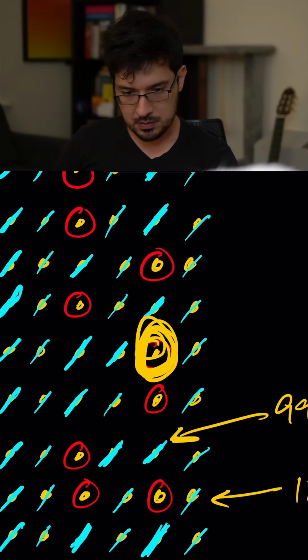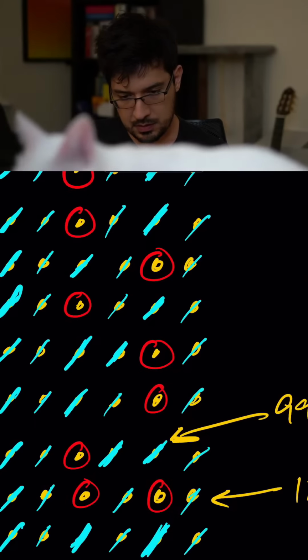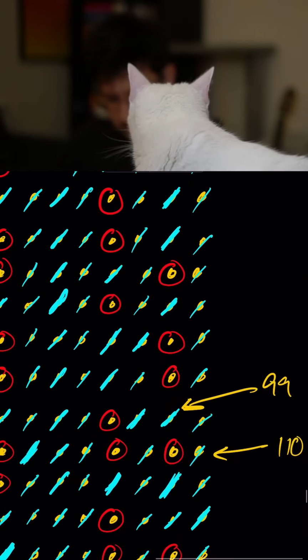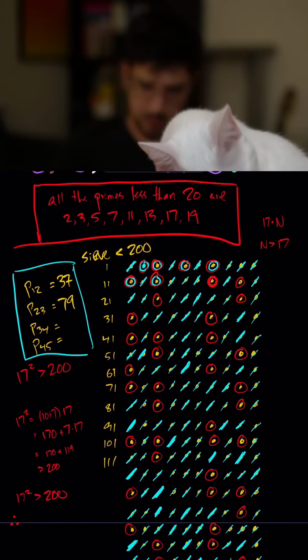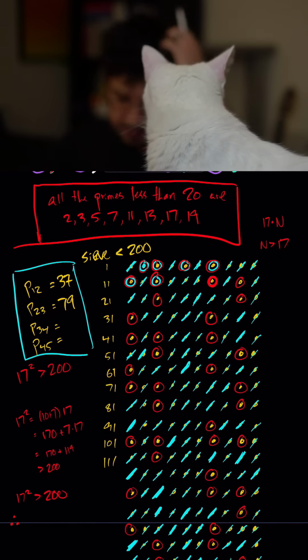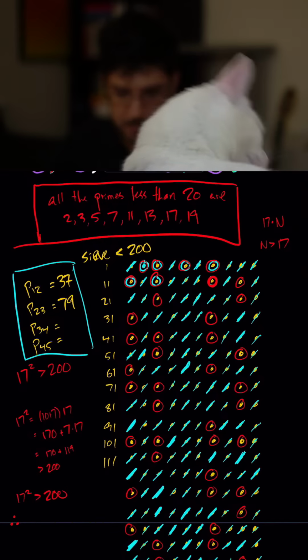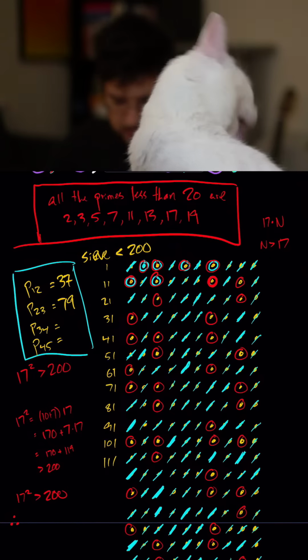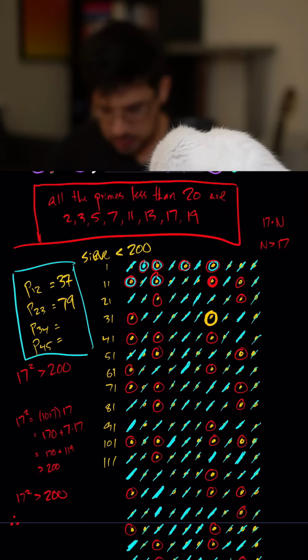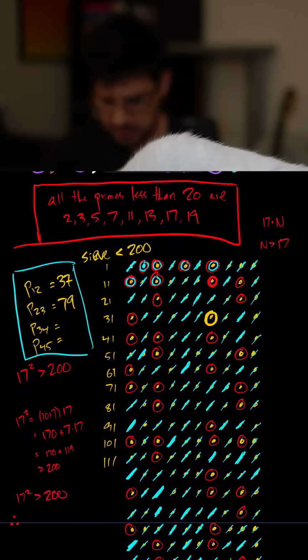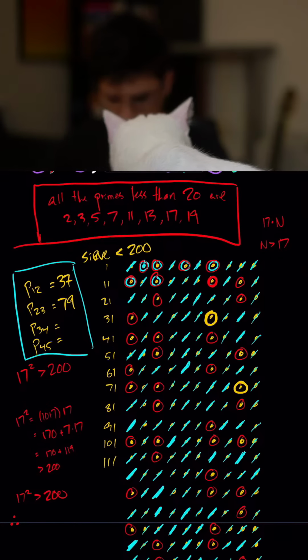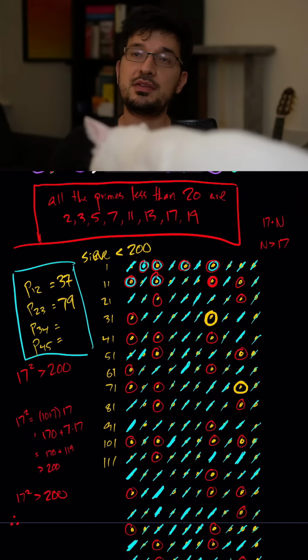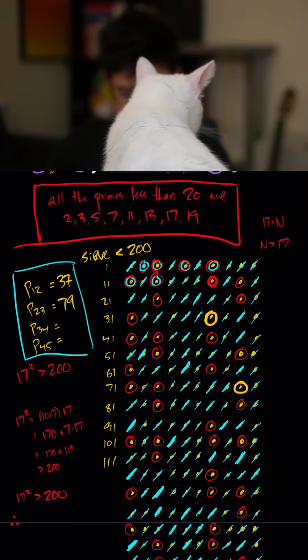Oops, I almost erased my little prime crossing out figure thing. Get rid of these marks. Cool. So we know 79 is the 23rd prime. Let's track. Okay, 37 was this yellow one. 79 is this one. I hope that's right. It would be very embarrassing if I miscounted these things.